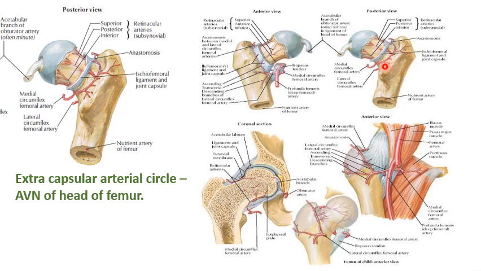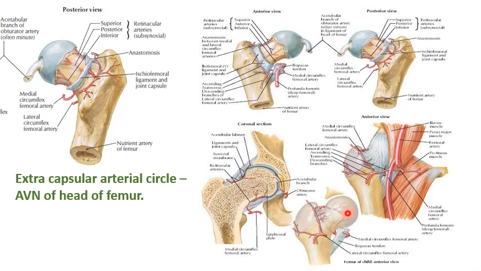So when there is any fracture of the neck of the femur, okay, there will be avascular necrosis of the head of the femur, in which case the head of the femur has to be replaced by prosthesis for the smooth functioning of the movements.